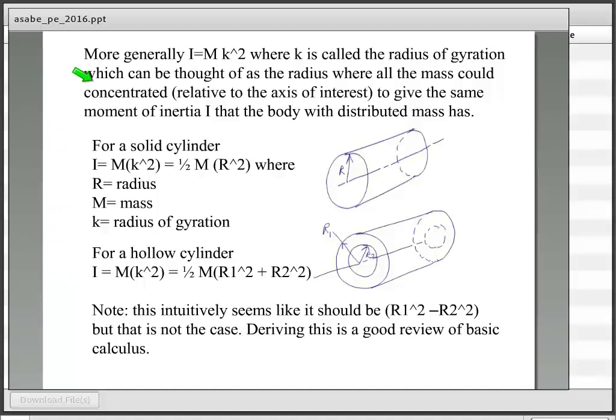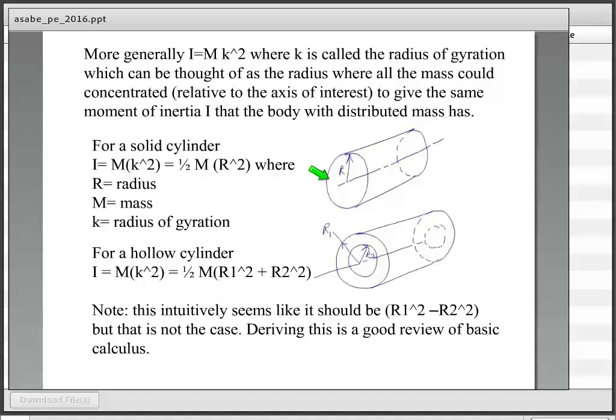As I've said, the mass moment of inertia is the mass times the square of the distance of the mass from the axis of rotation, and we sometimes talk about a radius of gyration, k, such that I would be equal to mk squared, where this radius of gyration would be the distance away from the axis that the entire mass could be all concentrated and still have the same moment of inertia as the distributed mass has about its axis of rotation.